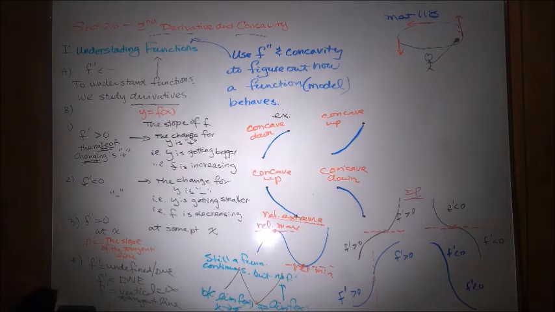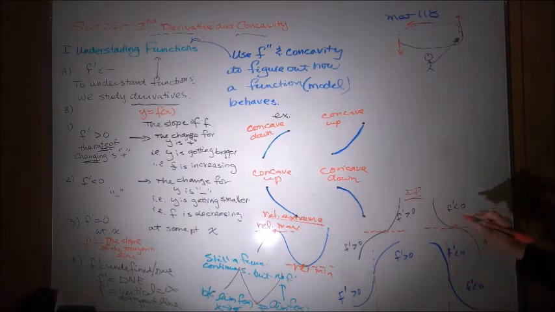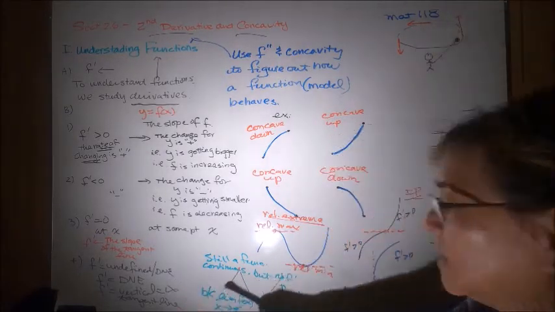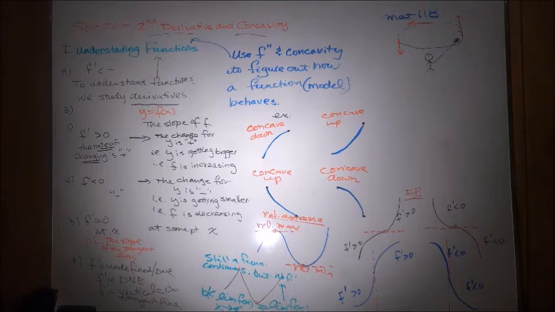But at this point, if you threw the rock this way you would go down, and if you threw it that way you would go the other way. So you have a vertical tangent line, with infinite slope. F prime doesn't exist, because the slope is a vertical line and it's undefined.